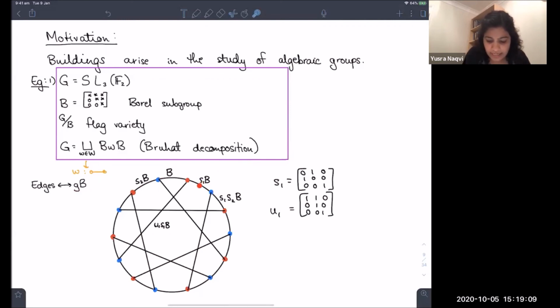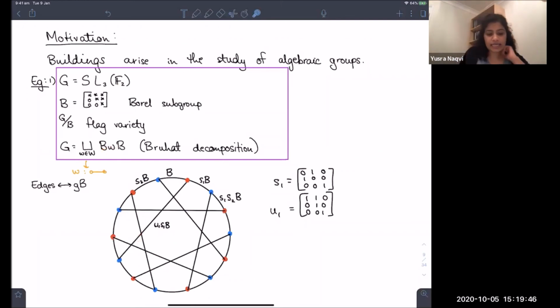So here I have S1, which is a permutation of the first two elements. S2 would be a permutation of the other two elements. And I have a little bit more branching than I would in just an ordinary Coxeter complex, because I can also multiply by something in B and get a new element in this same cell. Now, because I'm looking at F2, and this is a very simple example, there's only one other coset of B that I need to worry about, that is something times S1 times B, without having a longer element in my Weyl group.